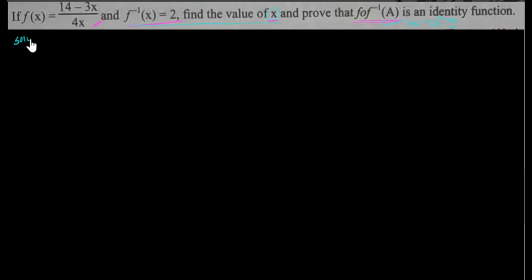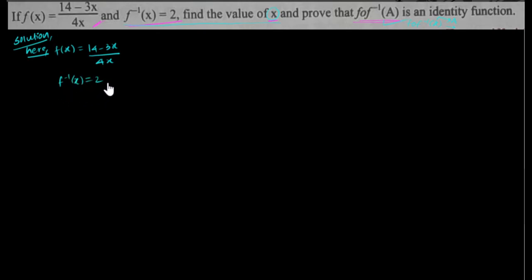Okay, solution. Here f(x) equals (14 minus 3x) divided by 4x, and one more thing is given here: f inverse x equals 2.